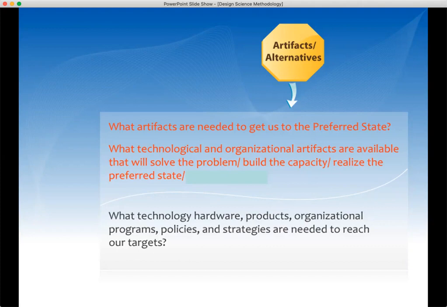Hardware being, let's say, the food production unit or the cell phone or the satellites. The software being the organization of those resources or artifacts in ways that get the job done, that reach the preferred state. So they can be policies and programs that are implemented at a government level, local government, local community and neighborhood, or globally.